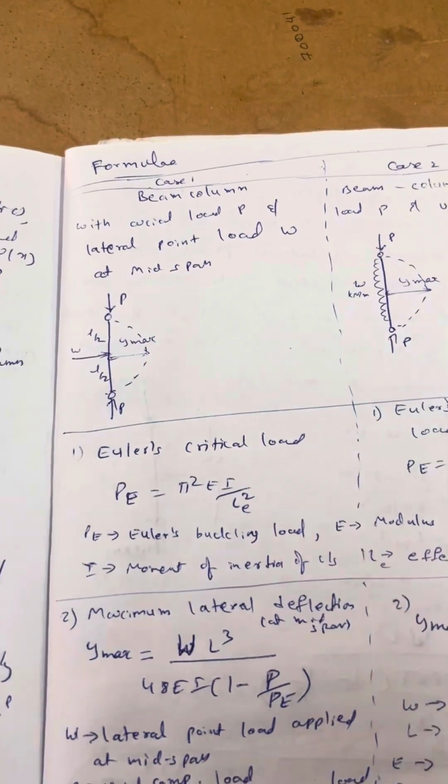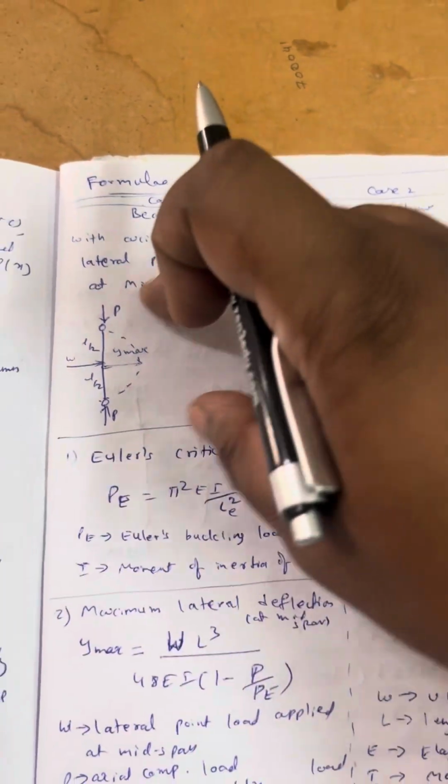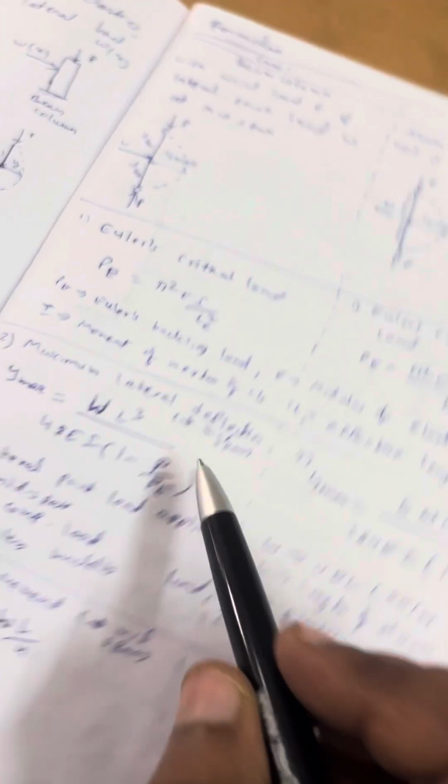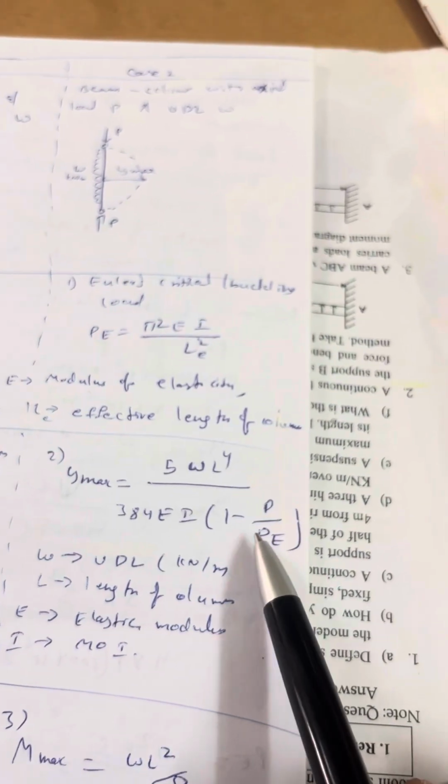If you observe, it is like a simply supported beam; if you rotate this, it is a simply supported beam subject to a point load at center. For that, the maximum deflection formula is WL^3/(48 EI), and additionally the factor 1/(1 - P/PE) will come. In that way we can remember. For the UDL, it is 5WL^4/(384 EI), with the same additional factor, and the maximum bending moments are the same.